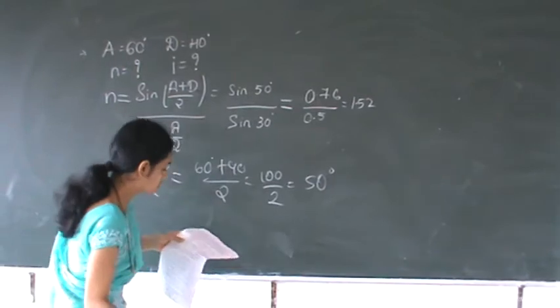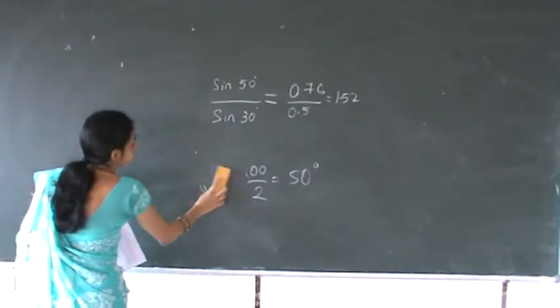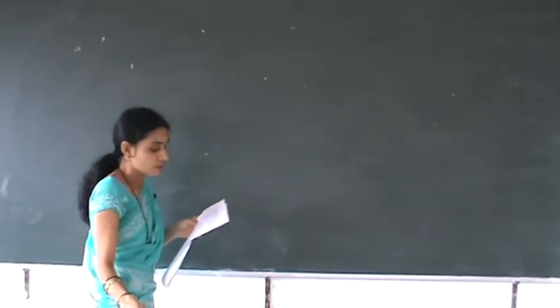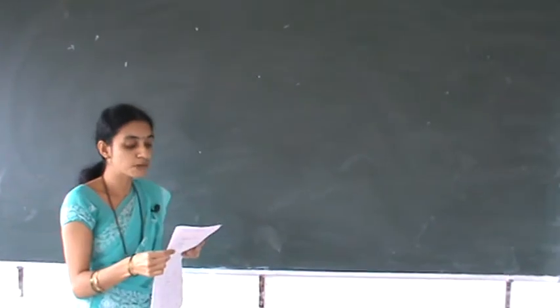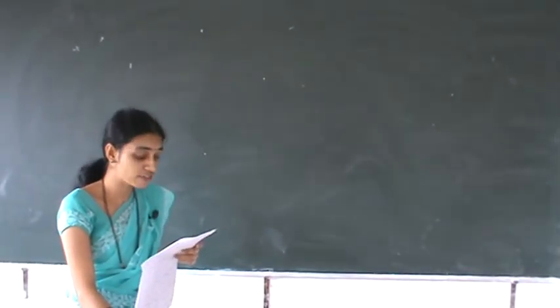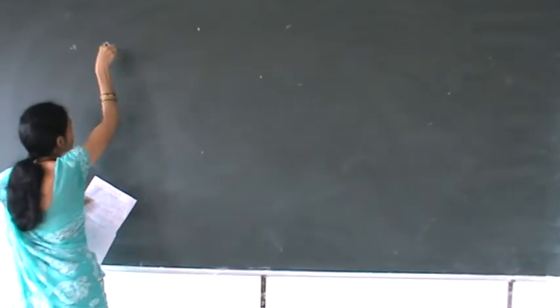Okay, let's take one more problem. A prism is made of glass of unknown refractive index, let it be n1.